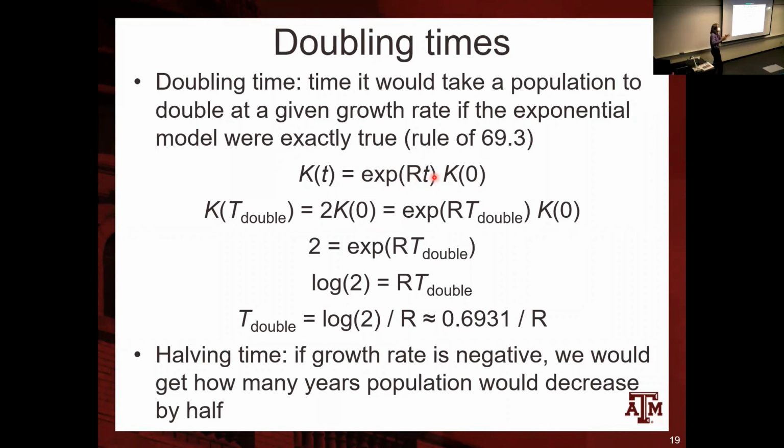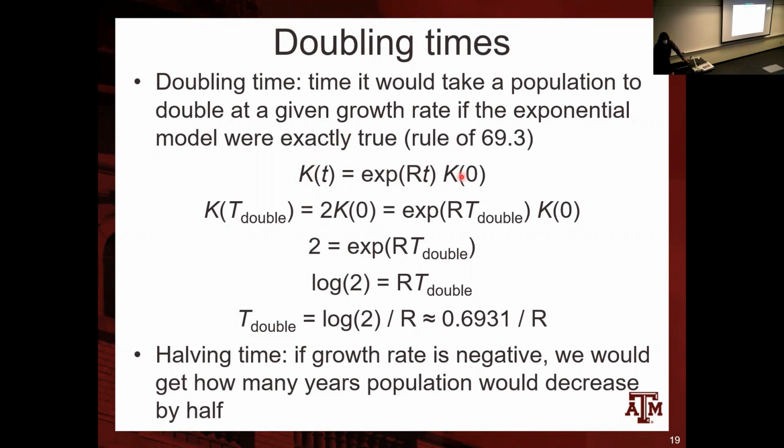But I can leave it more generic as a T. If I have this population now in time 0, and I have this growth rate, and this growth rate does not change and keeps being the same in the next decades, how many years T would it take for this number to be the double of this number?